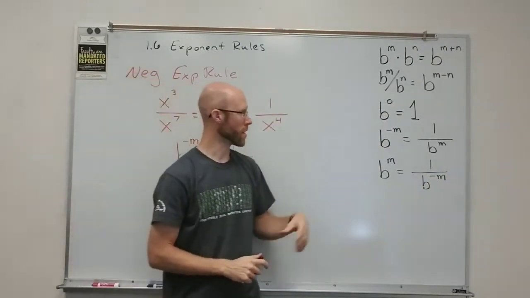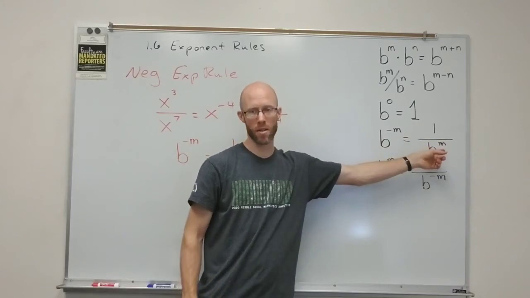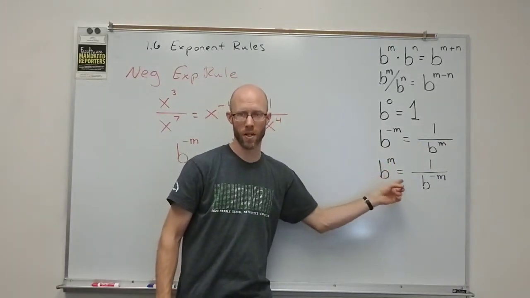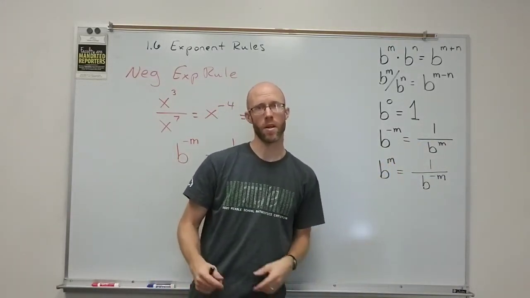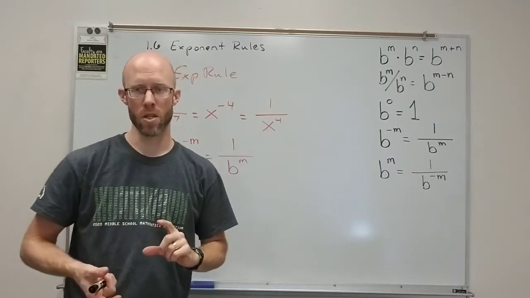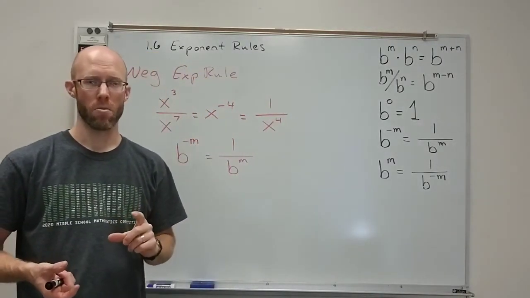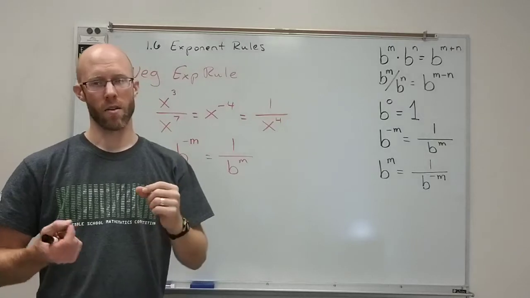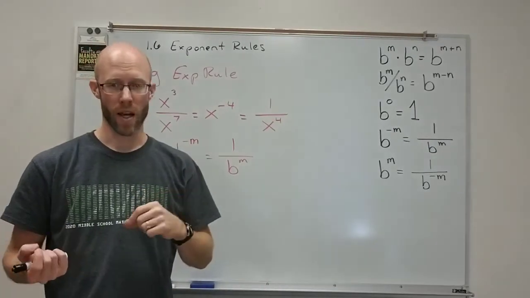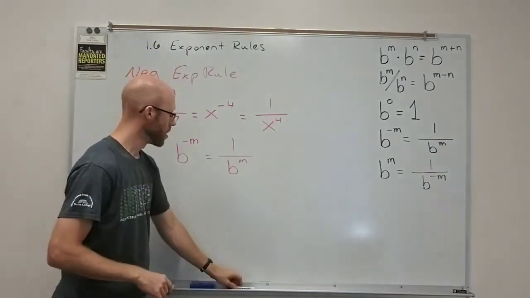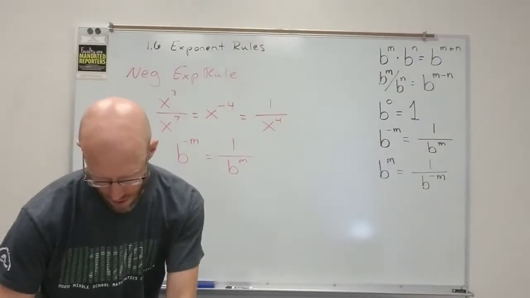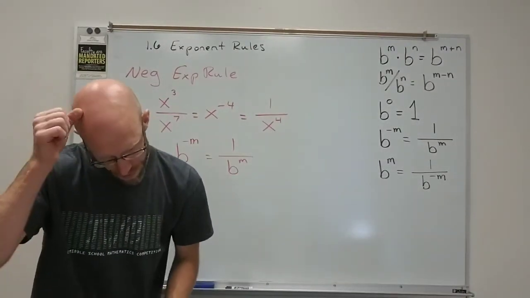If you have a negative on top, you end up with a positive on the bottom. If you have a positive on top, it's the same as a negative on the bottom. So you can switch the position of the factor based upon the sign of the exponent. Okay, so that's the negative exponent rule.